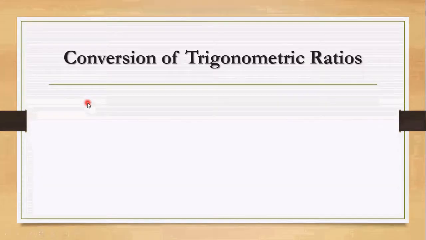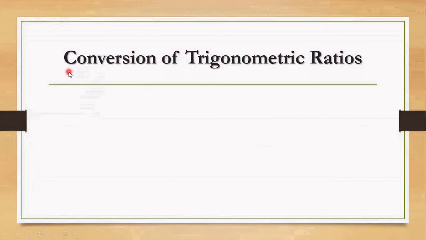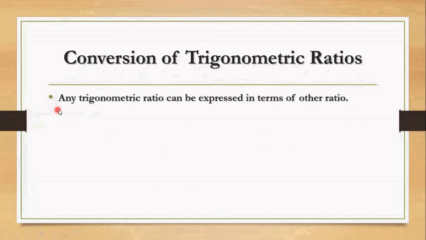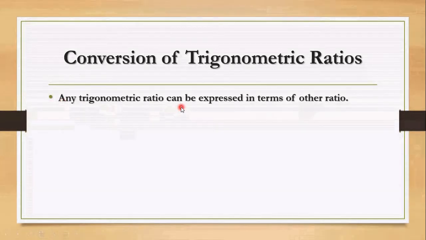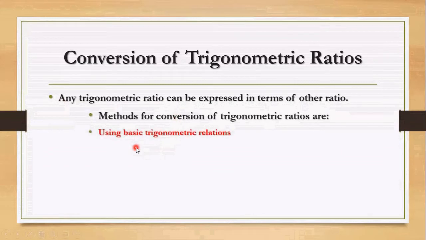Students, I think you have understood the concept of conversion of trigonometric ratios, which we have discussed in our earlier slide, that any trigonometric ratio can be expressed in terms of other ratios. For this conversion, we can use two methods, using basic trigonometric relations or using Pythagoras theorem.